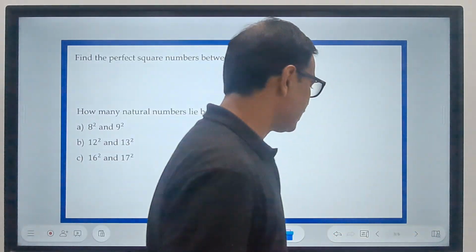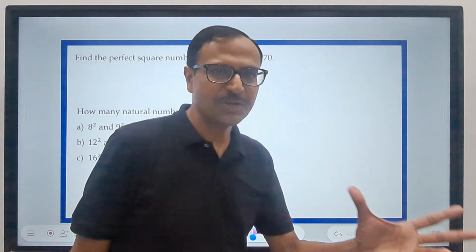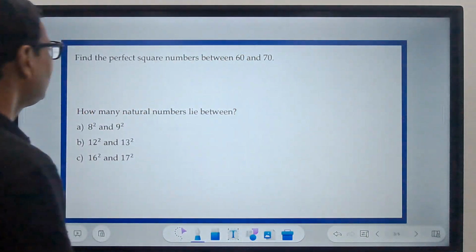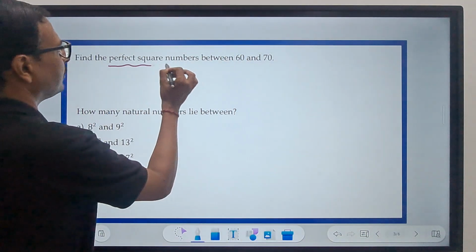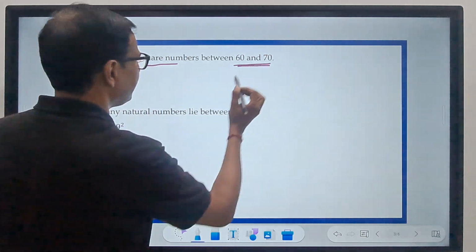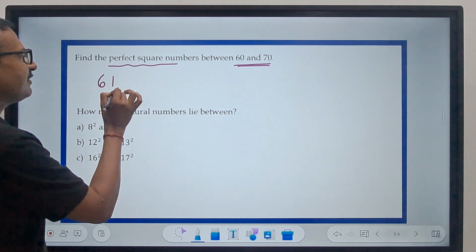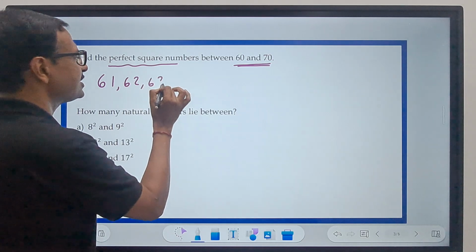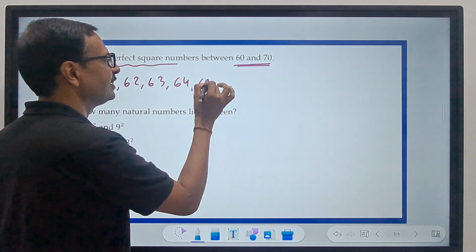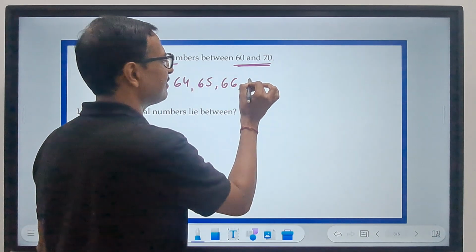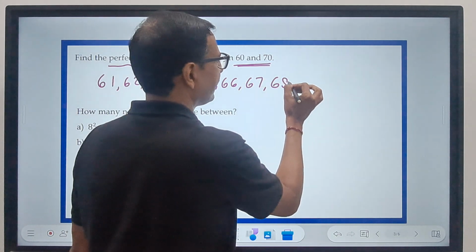Let's see the questions and the important and interesting concepts in hand now. Find the perfect square numbers between 60 and 70. So between 60 and 70 we have 61, 62, 63, 64, 65, 66, 67, 68 and 69, right?